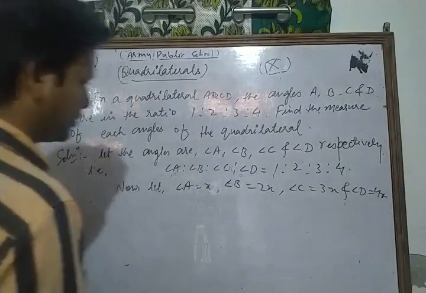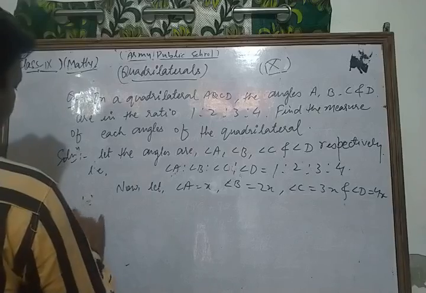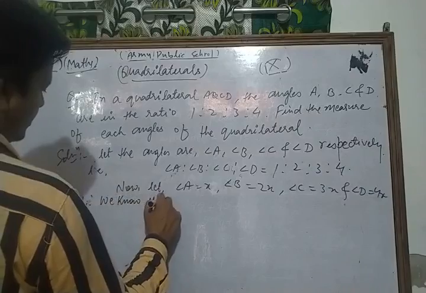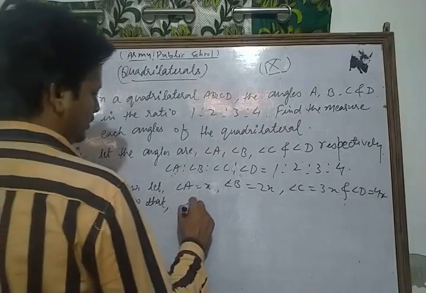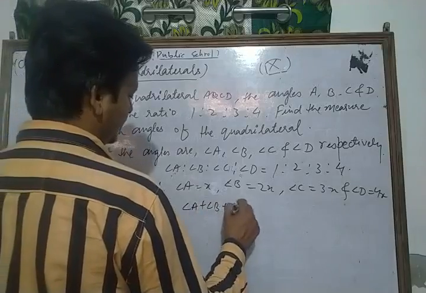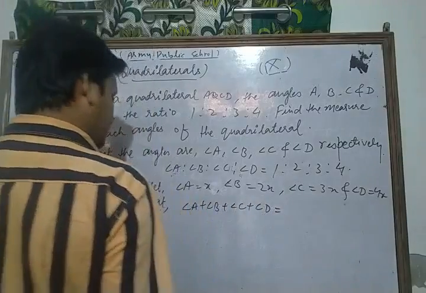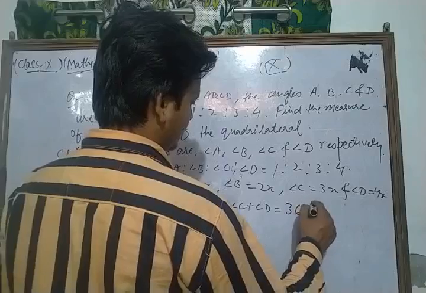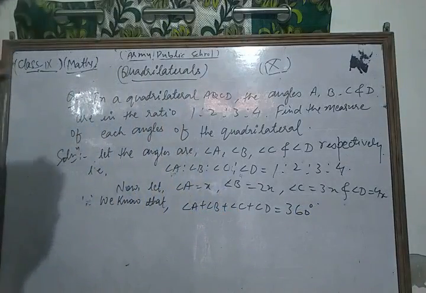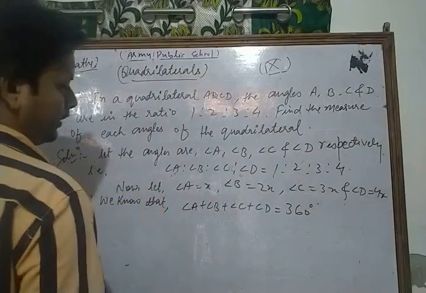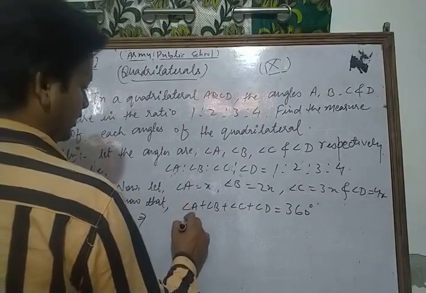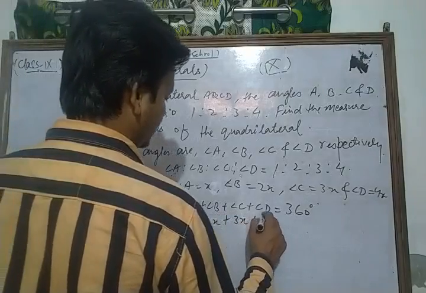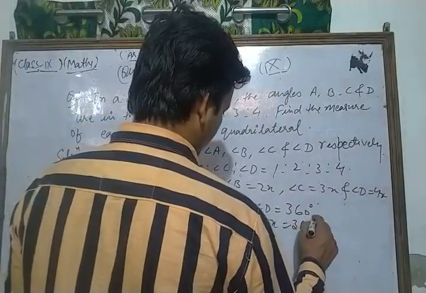Now we apply the angle sum property. Since we know that angle A plus angle B plus angle C plus angle D is equal to 360 degrees. Now we put in the values of A, B, C and D. So we get x plus 2x plus 3x plus 4x is equal to 360.